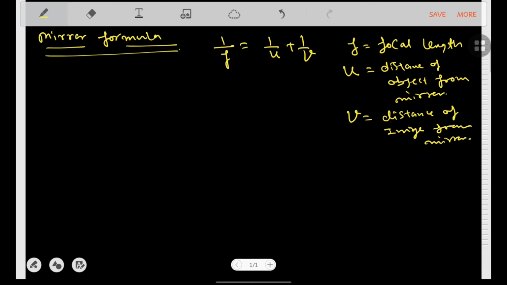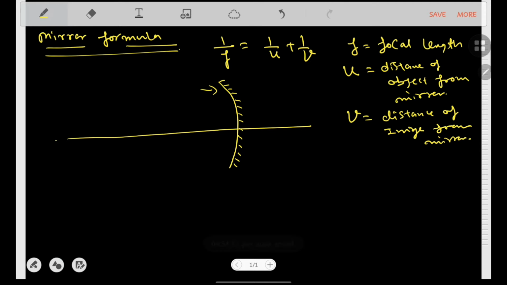Whenever the object is in front of the concave mirror, which is polished from the back side, this is the reflecting side here, the object will be between infinity and C. Here is the focus, and the object will be in between infinity and C. So we will take this one as our example ray diagram.